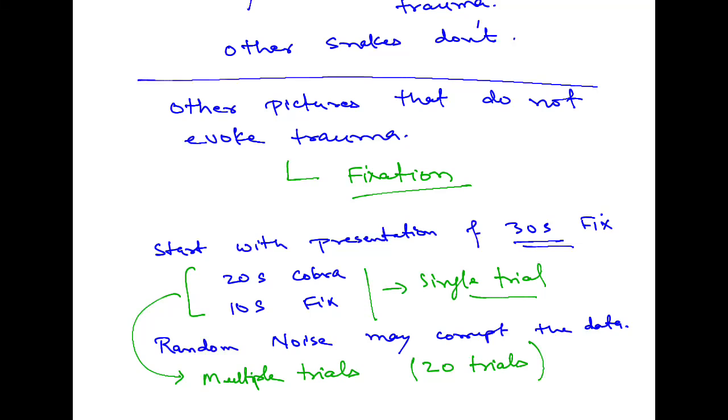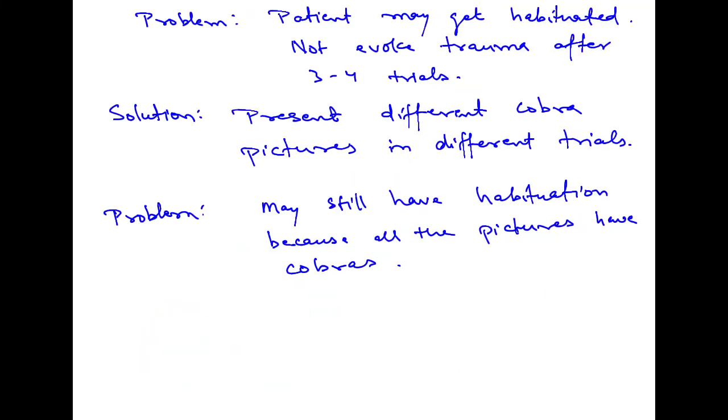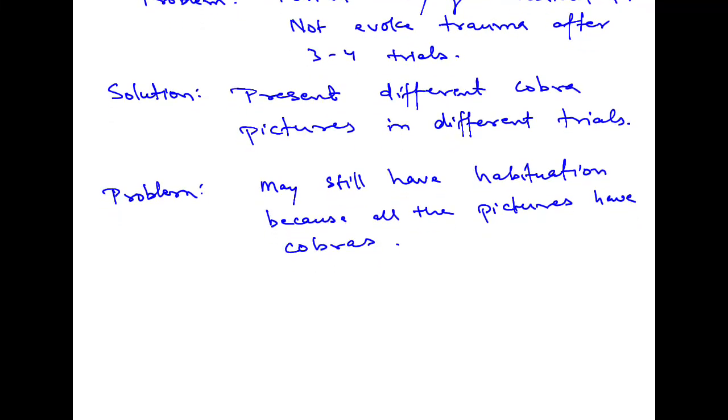But you are deciding the protocol. So you want to show other images? You could show a non-snake image. Okay, because in the end we actually want what causes the trauma, not the shape or color. Yeah. Okay. So now, what are you proposing? Your protocol becomes a stimulus presentation.